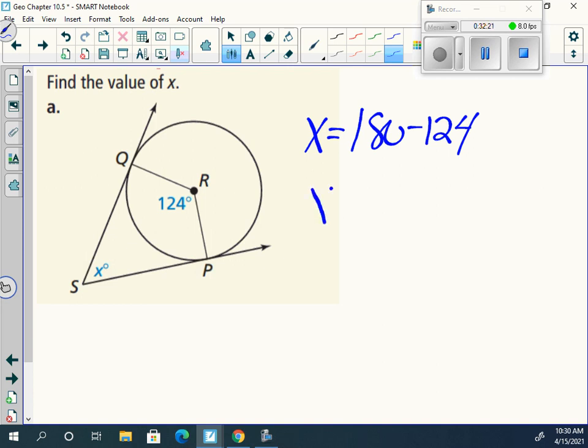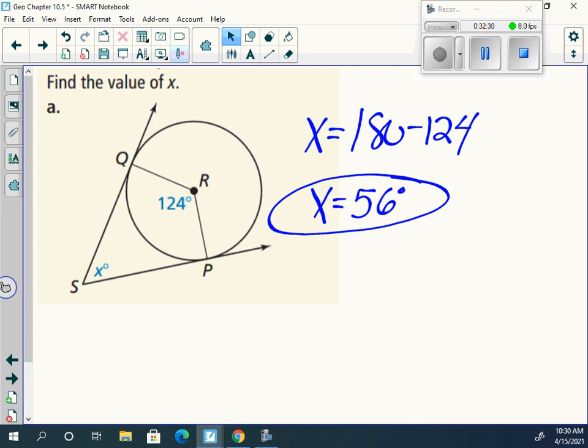So if we do 180 minus 124, we should get 56 degrees. Any questions on any of these here?